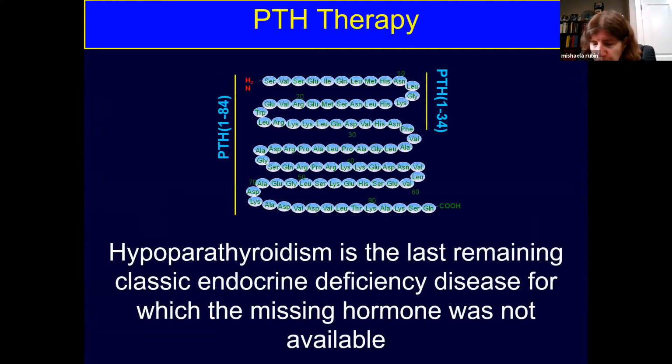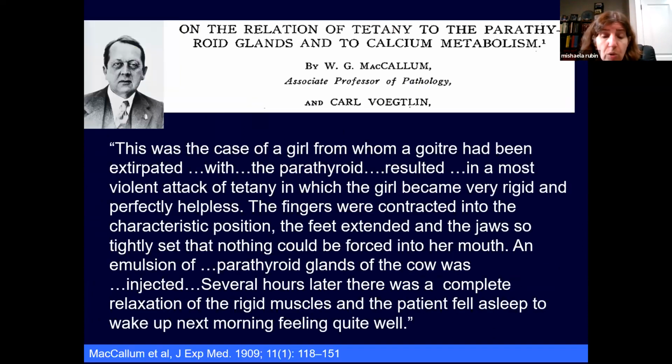So, of course, we all know that hypoparathyroidism was the last endocrine deficiency disease to have the missing hormone replaced. And this is just something I stumbled across when I was thinking about this talk. It's actually a case from 1909 where a Canadian pathologist describes a girl who was rendered hypoparathyroid after having her thyroid removed, and she went immediately into severe tetany.